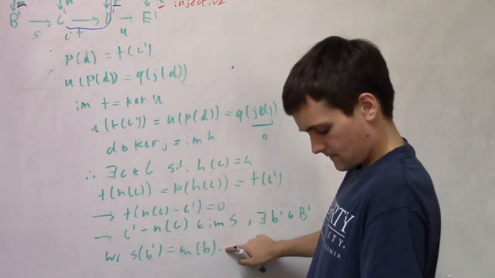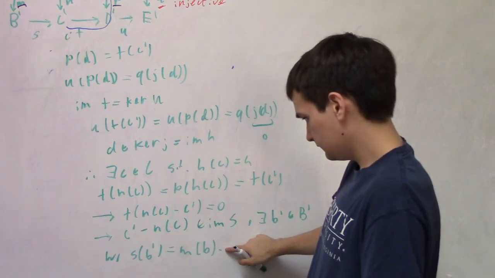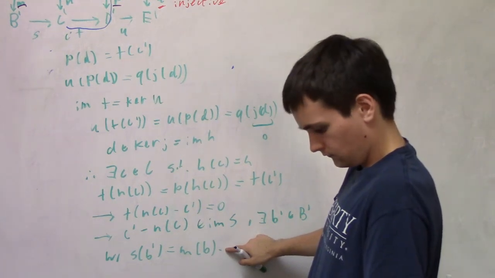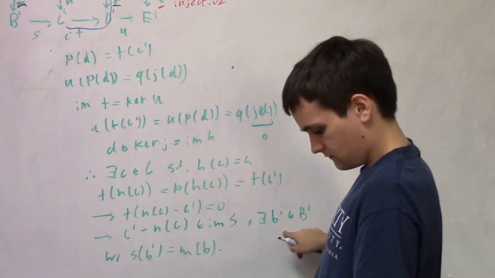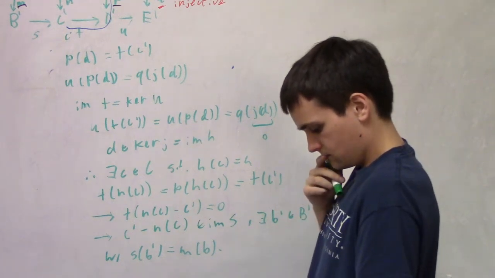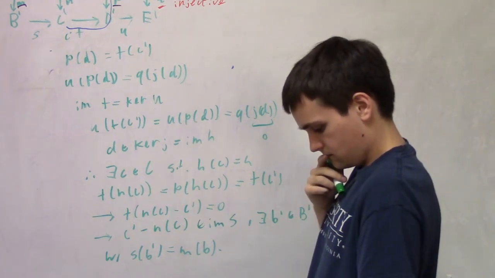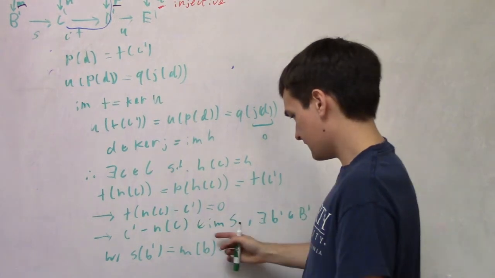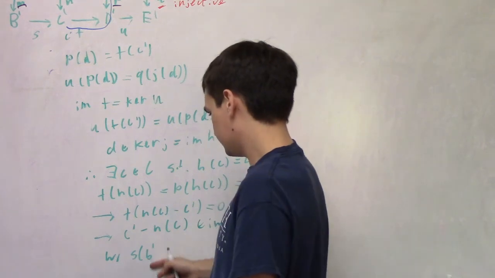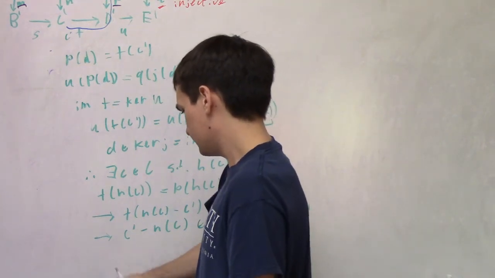I'm just saying you proved C prime minus NC is in the kernel of T, which is in the image of S. And then you say there exists a B prime. Hang on, I think I might have been skipping a step. I think you're just supposed to say S of B prime equals C prime minus N of C. Unless I'm missing something deeper. Yeah, I think I skipped a step.